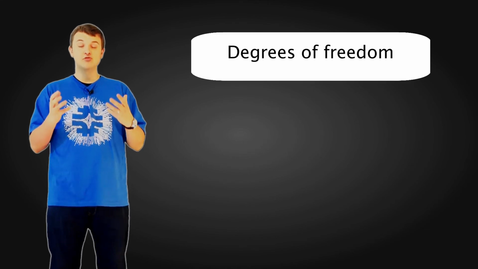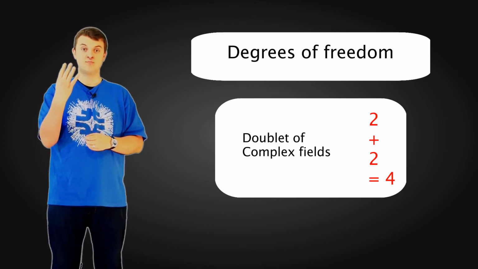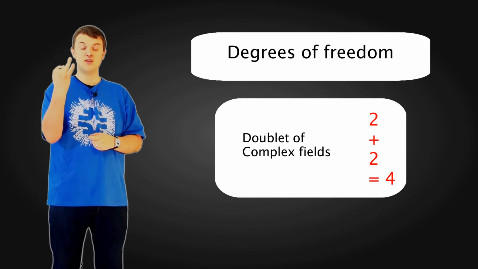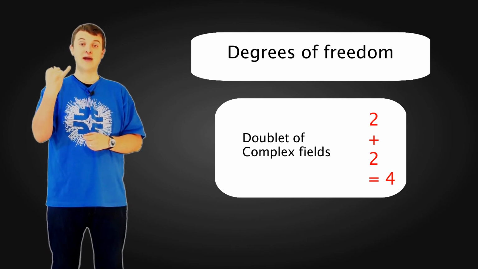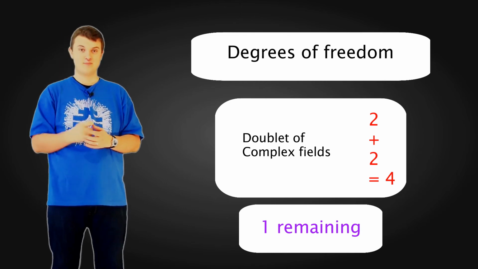If we count the number of degrees of freedom, we find the Higgs field has 4 degrees of freedom. Now the W+, W-, and Z bosons all get their mass through the Higgs mechanism, which leaves 1 degree of freedom left. Now, this degree of freedom corresponds to excitations of the Higgs field.